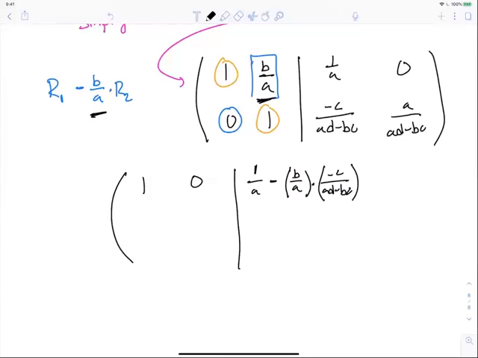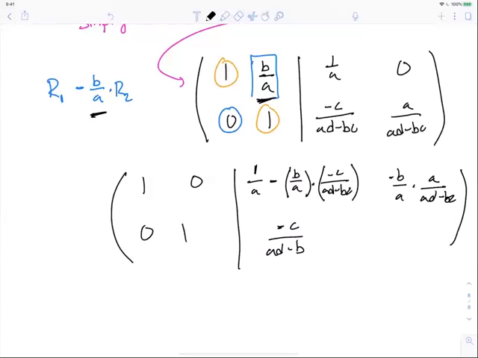We're going to take 0 minus B over A times A over AD minus BC. And then the bottom we have the same thing. Nothing changed there. That's a D.